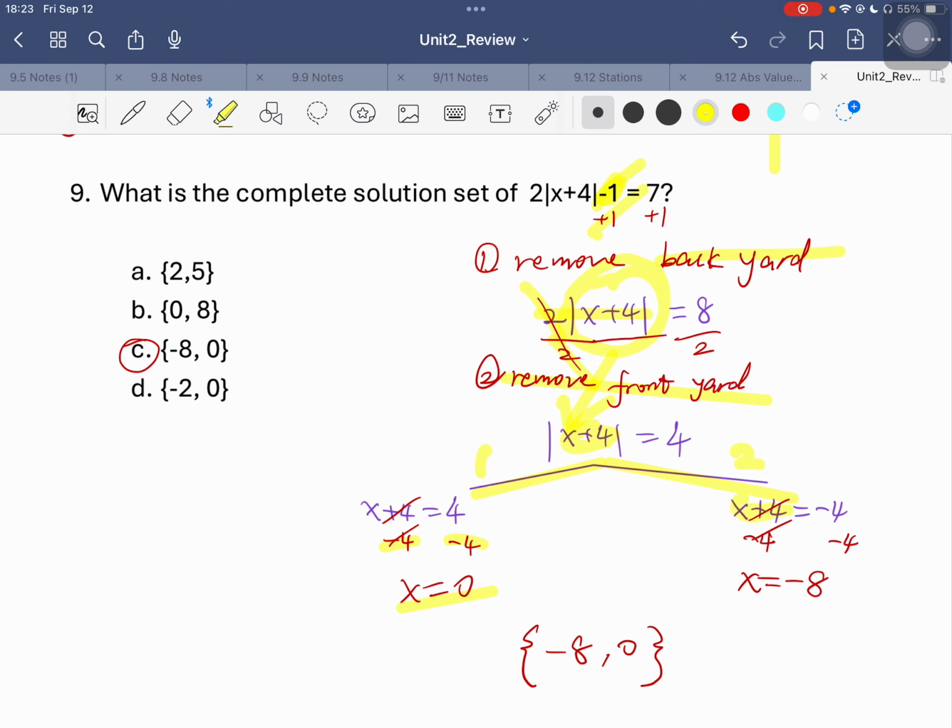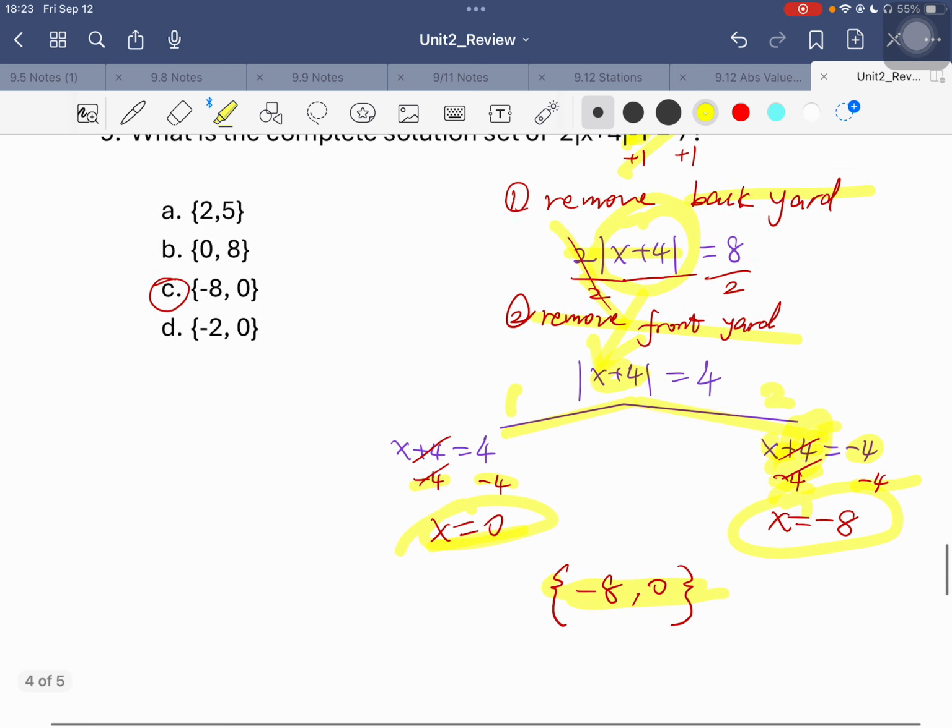But on the right, change the positive 4 to negative 4. And I want to get rid of what's after the x. I still subtract 4 on both sides to get rid of the 4. I have x equal to negative 8. So this is set notation. I'm writing two answers into one set notation.